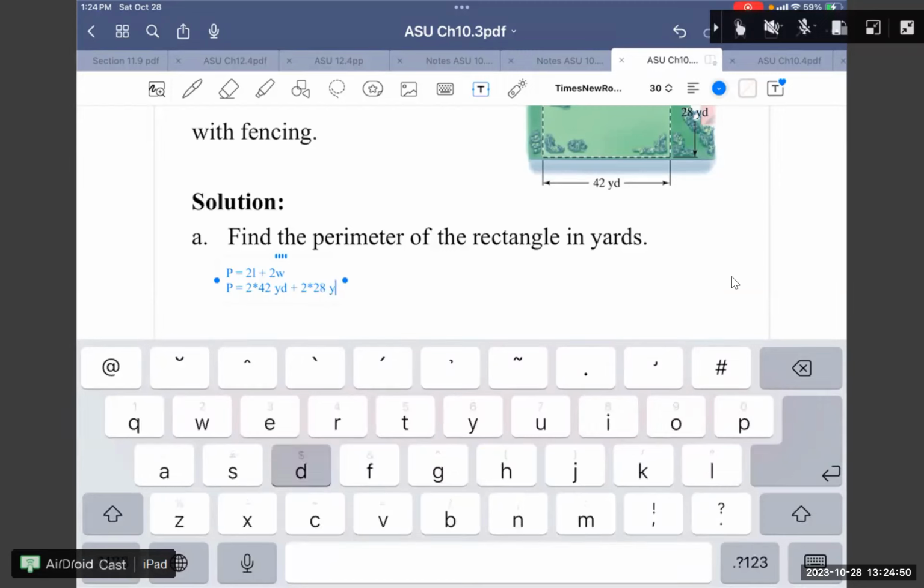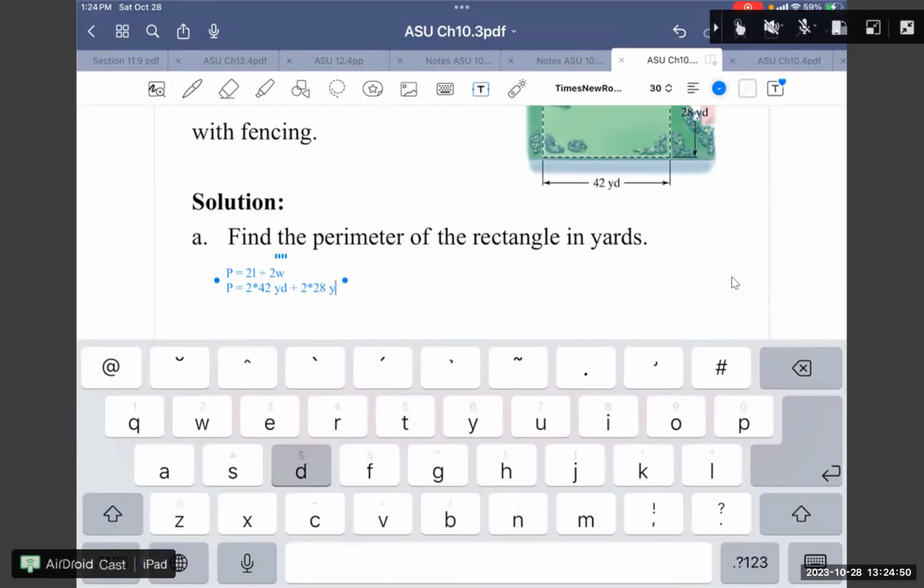So this should equal 140 yards. So 140 yards, right?